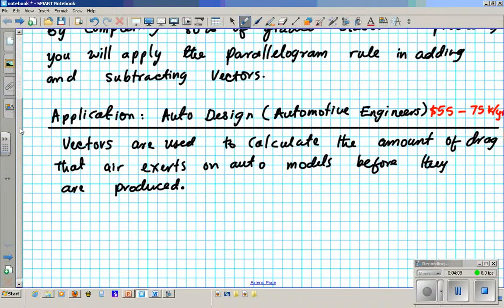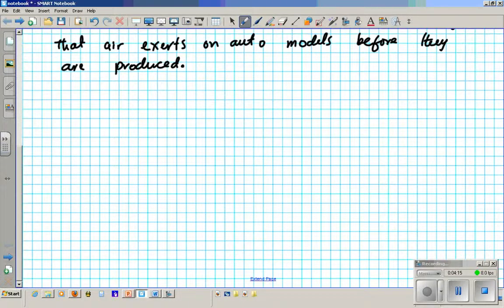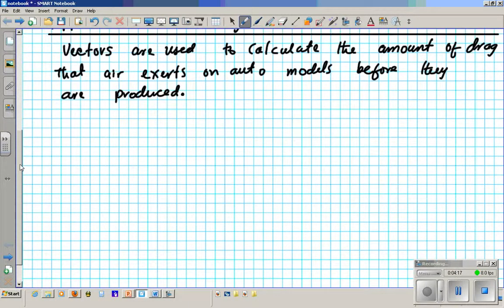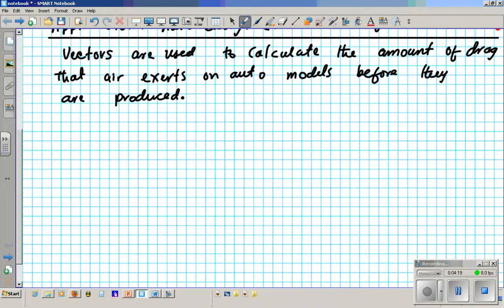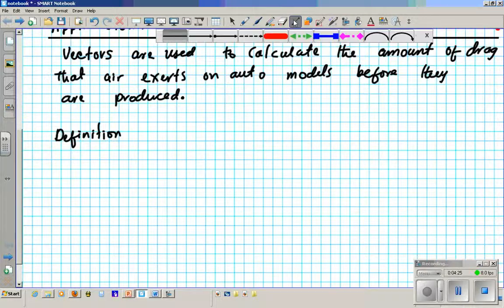Now let's take a look at some definitions and components of vectors. Okay? Write this down. Definition. We're going to define a vector.